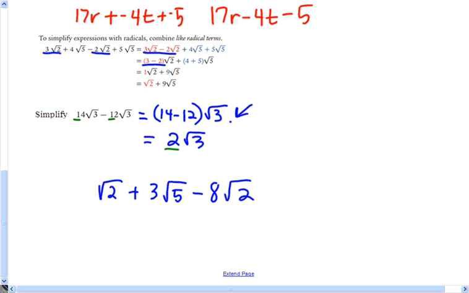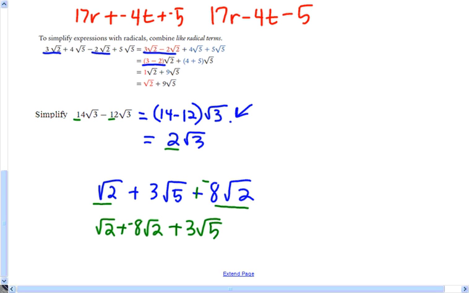Now, are there any like terms here? I hope you notice that this has the square root of 2 in it, and so does this. So I can combine those two. So I have the square root of 2 plus negative 8 times the square root of 2. I'll write those first. And the square root of 5 is not a like term with the other two, so there's nothing I can do there.